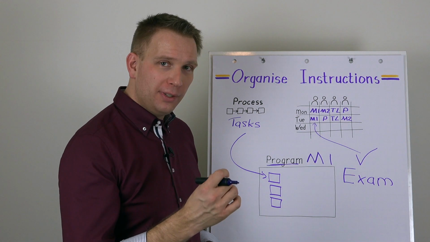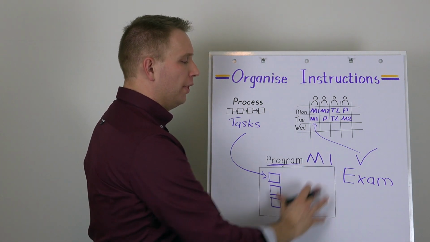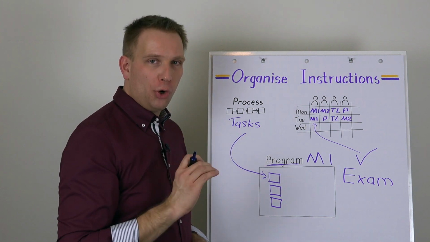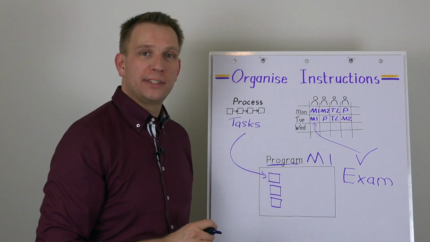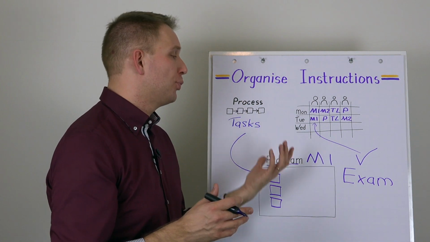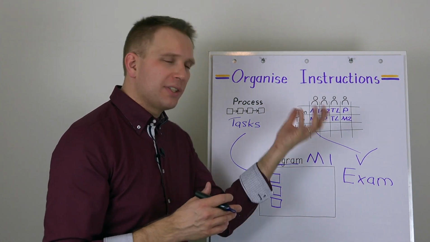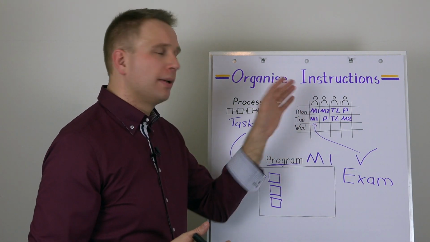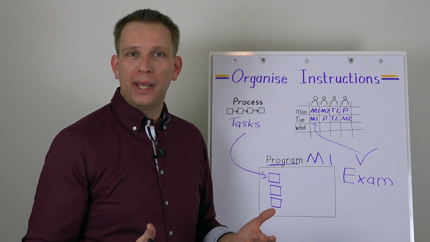But an instruction we do not have for a program. Instructions are actually the building blocks that go into tasks. And we have a number of processes that are very specific to a workplace. For instance, the setting up of the milling machine is probably really specific to the milling number 1 workplace.